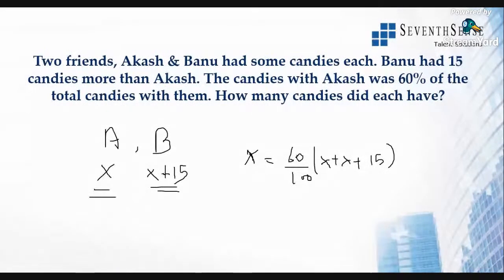So X, this will be 20 into 3 times, 20 into 5 times. Just cross multiply: 5x is equal to 3 into 2x, which is 6x, plus 15 into 3 is 45. Now just take the difference.